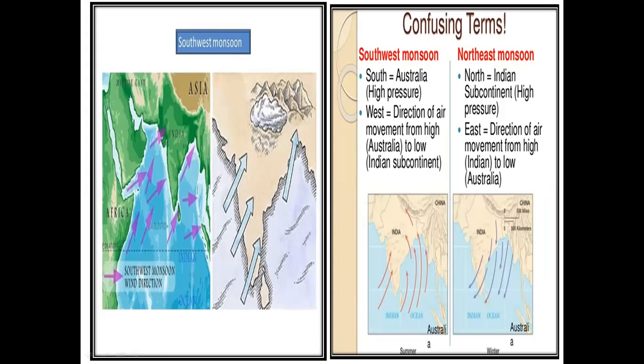When you see the entire world map, India is in the low pressure area and Australia is in the high pressure area. From Australia to the Indian low region, the high pressure air blows, and that brings rainfall to the Indian subcontinent. That is known as the southwest monsoon.